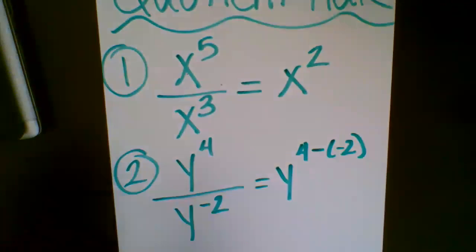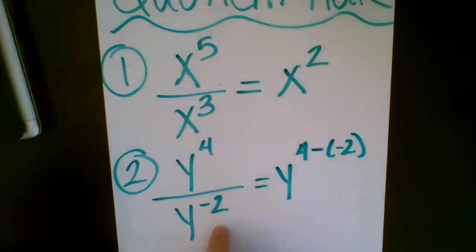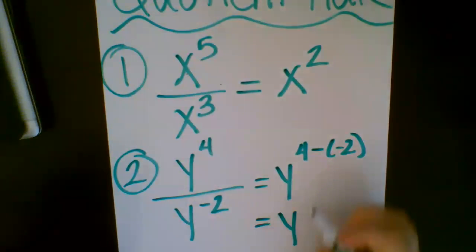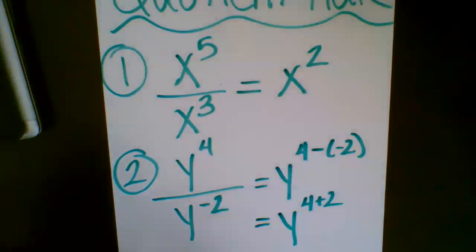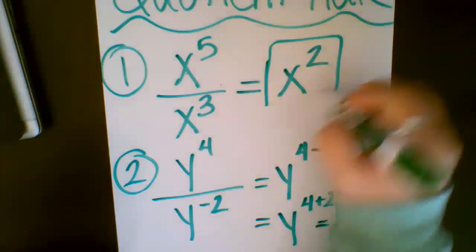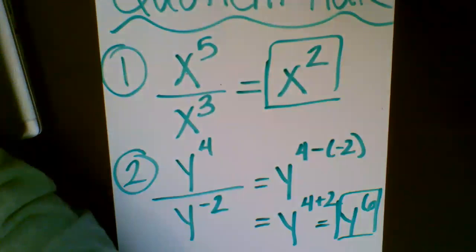That's really what we're doing. We're subtracting the bottom exponent. When we subtract a negative, it's the same as adding. So we're going to have y to the 4 plus 2, which is y to the 6th. Okay? Any questions on that negative subtraction? Same process, we just got to be careful of our signs with those.